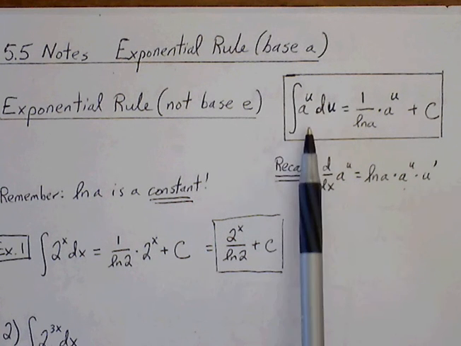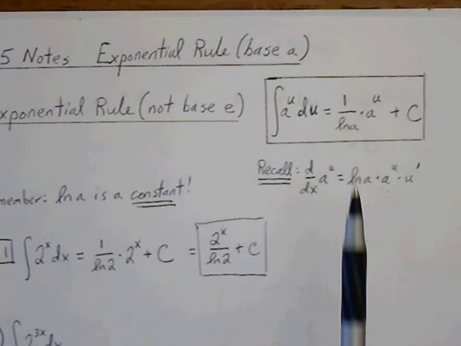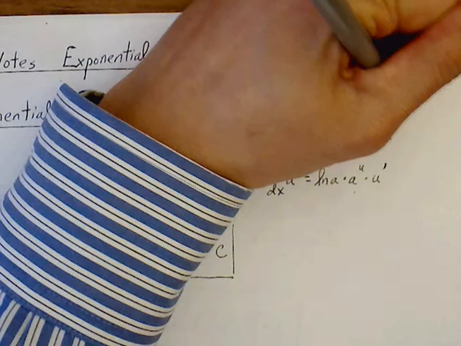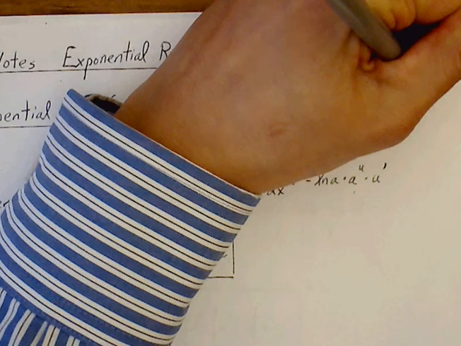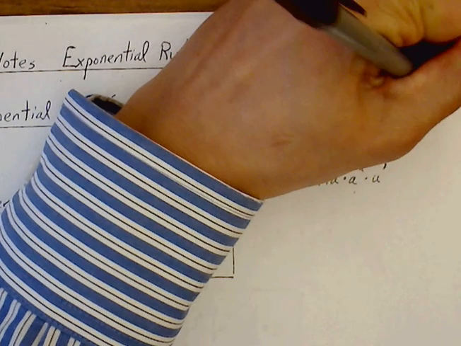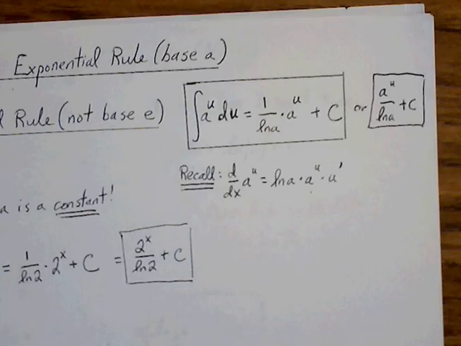So that's exactly what's happening here. The integral of a to the u du is equal to 1 over natural log of a times a to the u plus c. Or you can think of it as a to the u over ln of a plus c. Either form is fine.